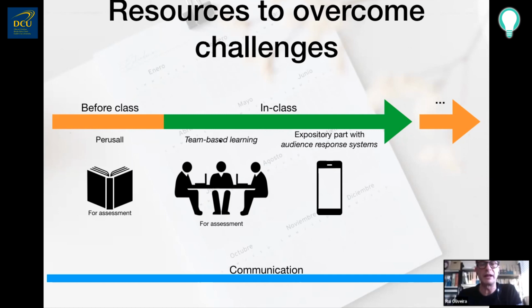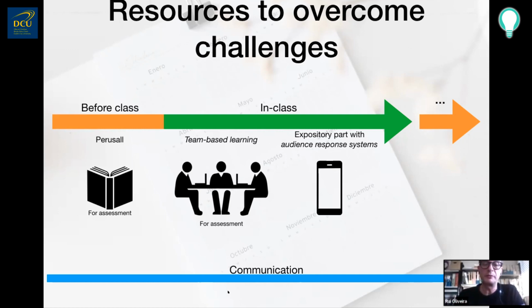And then the rest of the class was expository, based on the subjects that were not included in the reading assignment, with audience response systems, with questions for the cell phones for the students to answer. The next class was exactly the same. So this was the basic structure of the classes during the semester.